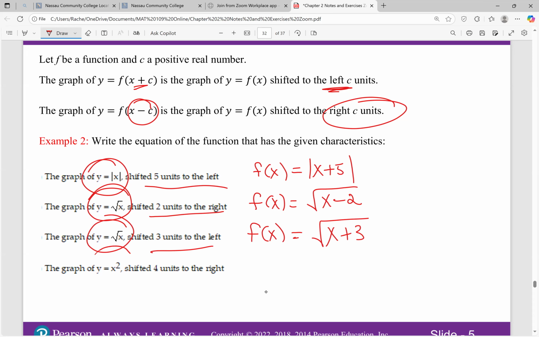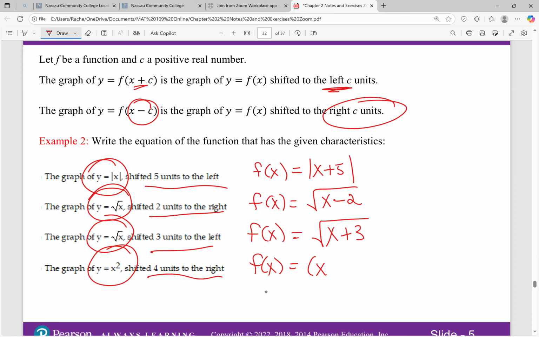And then the last one says, take our squaring function, or our standard quadratic, and shift it 4 units to the right. So f of x is going to be equal to x. Now we have to add or subtract from x if we're going to shift it horizontally.